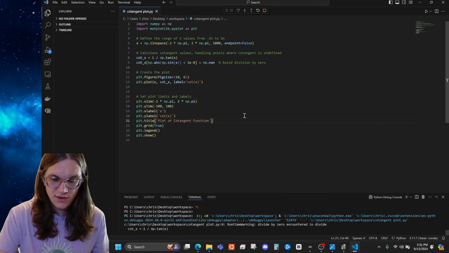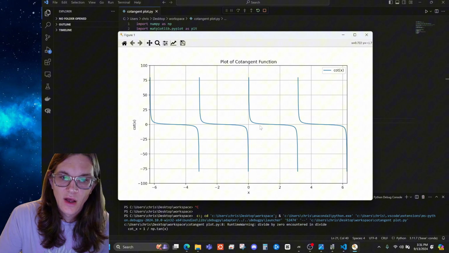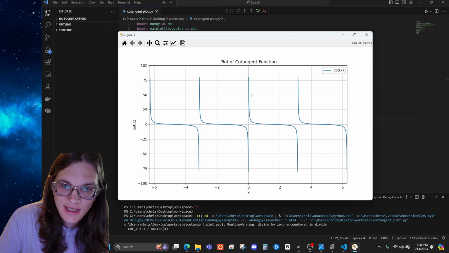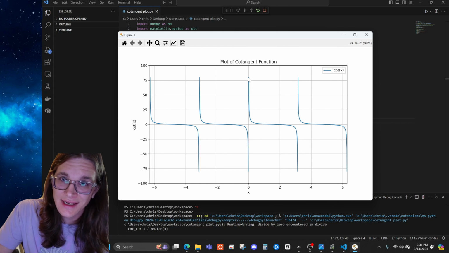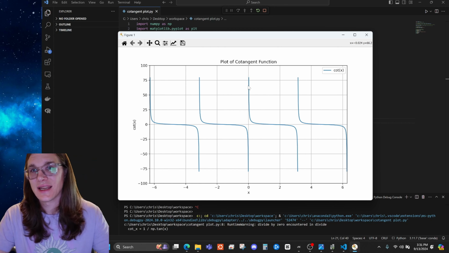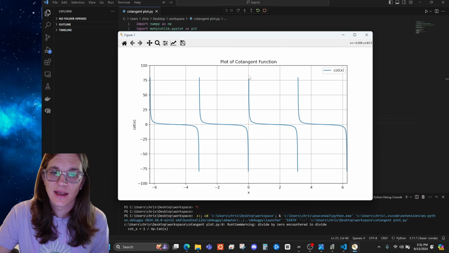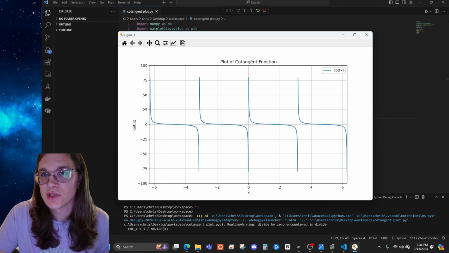You'll see that as it asymptotes, there's more values here on the actual cotangent function, but we've told the program, the computer, don't plot this. Just say anything that small, 10 to the minus 8, just say nan. Leave it blank, right? Because we don't want to confuse the machine.